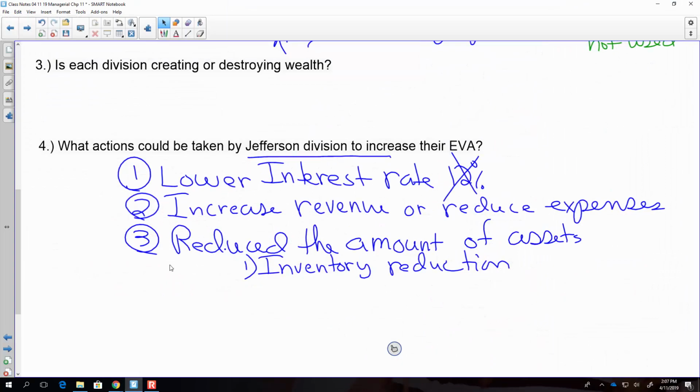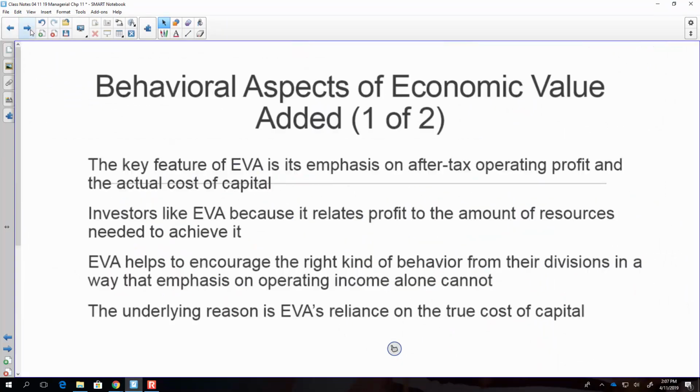All right. Again, there's advantages and disadvantages to EVA. This is talked about on page 606. Please, if you get a chance, there are checkpoint questions.